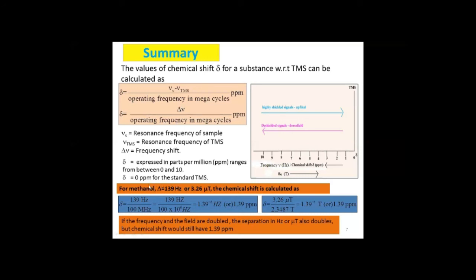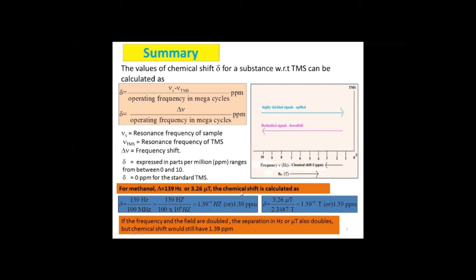For methanol, as we discussed, the chemical shift difference is 139 hertz when measured in terms of frequency variation. Substituting in the above relation, 139 hertz divided by 100 megahertz as the applied frequency, we get 1.39 ppm.